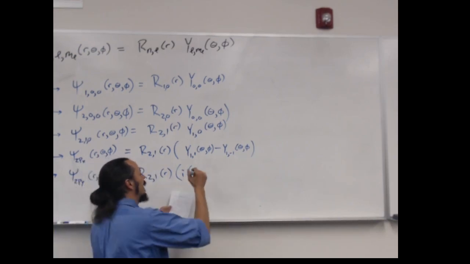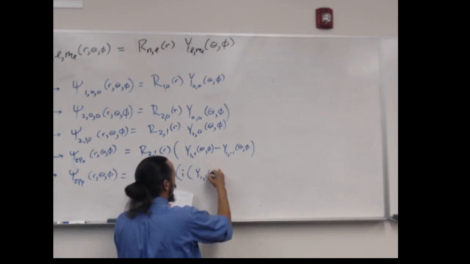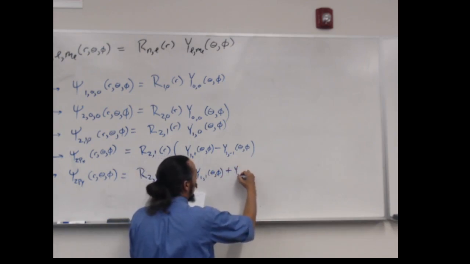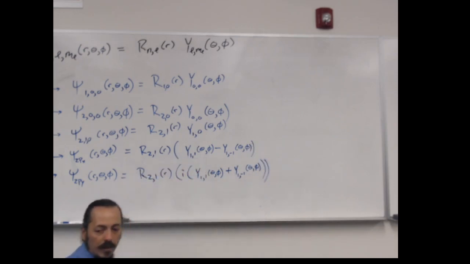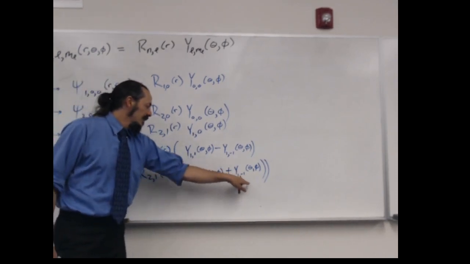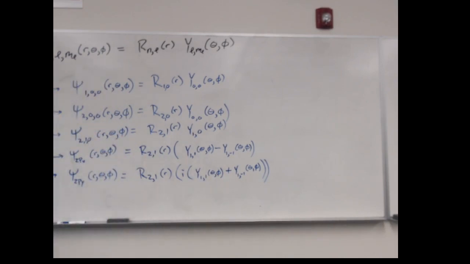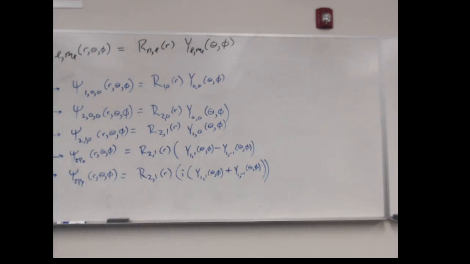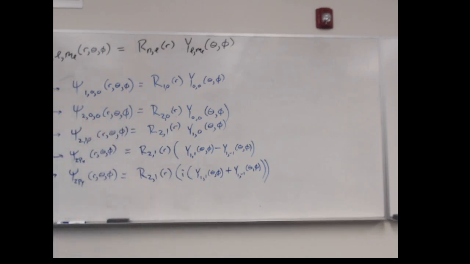Now it's kind of funny because we're going to have an imaginary i times our angular part, Y1,1 of theta and phi plus Y1,minus 1 of theta and phi. It turns out when we do this addition of the Y1,1 and the Y1,minus 1, you get something that has an i in it, you multiply by i, and then that gets rid of the imaginary part. You end up with a real portion, because you get an i sine theta, so that gets rid of the i in the sine theta part.